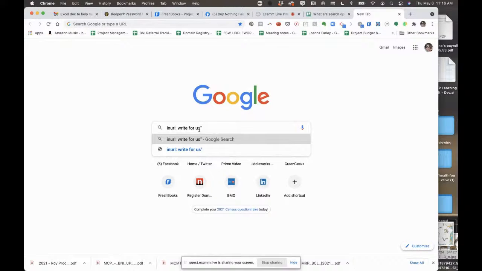The whole thing, and it also needs dashes in between. Oh no, sorry, this is the fun of this. So it's got to be inurl:, then quotation mark, write-for-us, and there's no space in that first quotation mark. No space between the colon and the quotation.